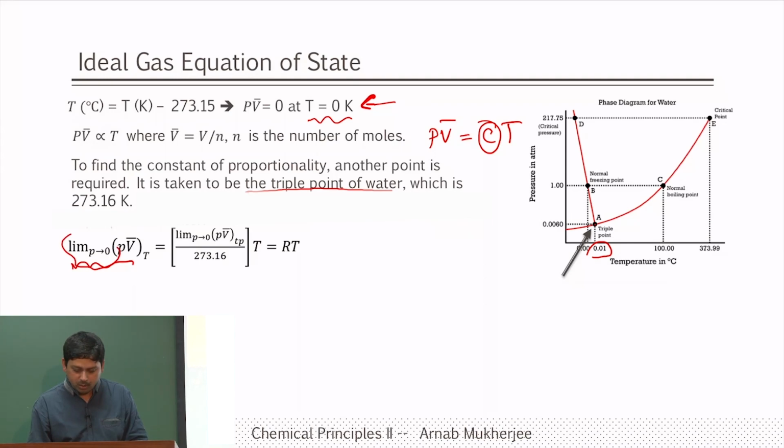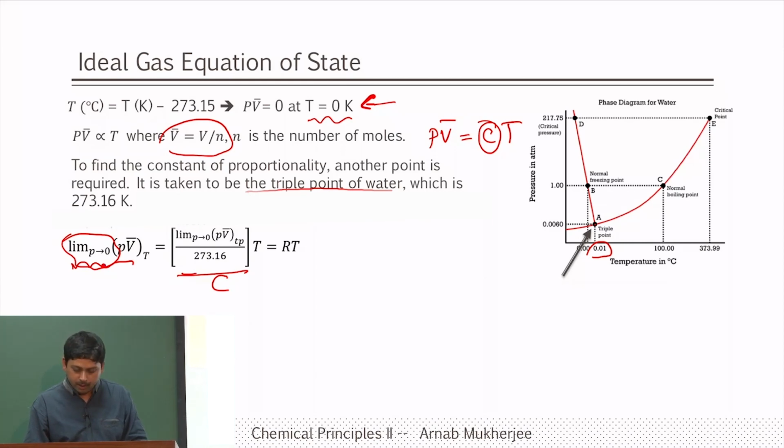So, limit P tends to 0 indicates a very dilute gas. We are plotting PV, where V bar indicates molar volume as mentioned here. Now, this is now CT. Now, C is whatever the value of PV at triple point divided by 273.16. So, that if you multiply by 273.16, then you will get back this particular quantity.